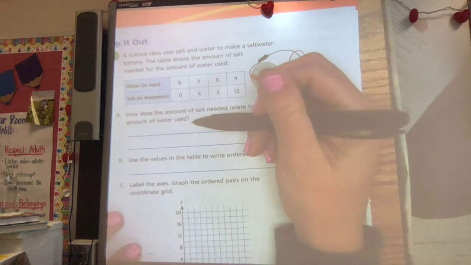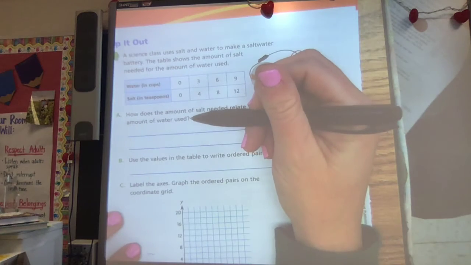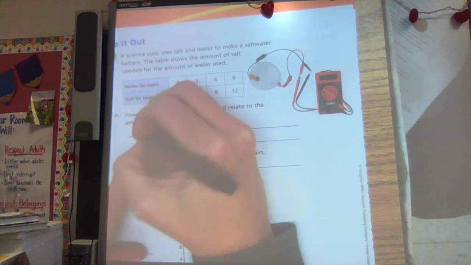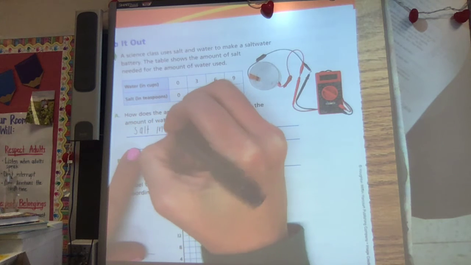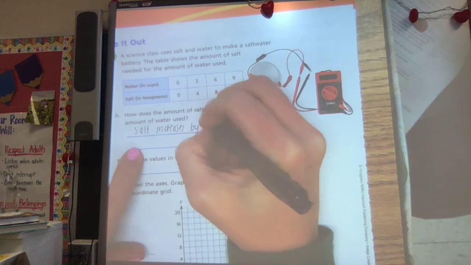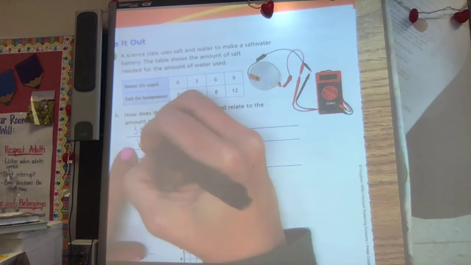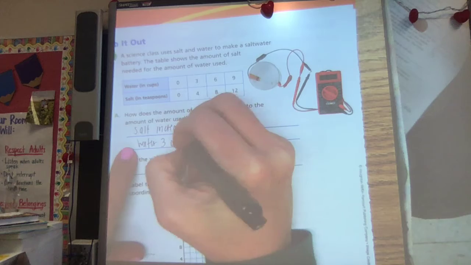So we know that the salt increases by 4 teaspoons and water increases by 3 cups.